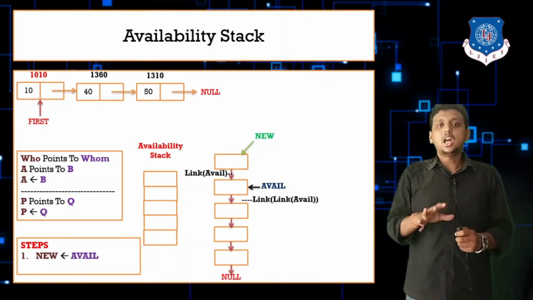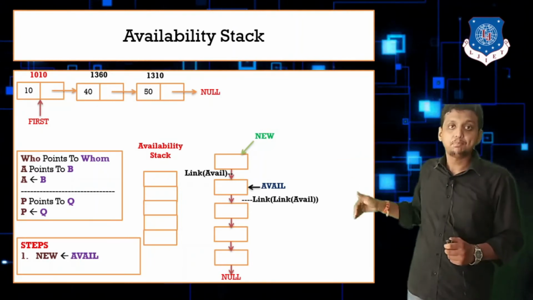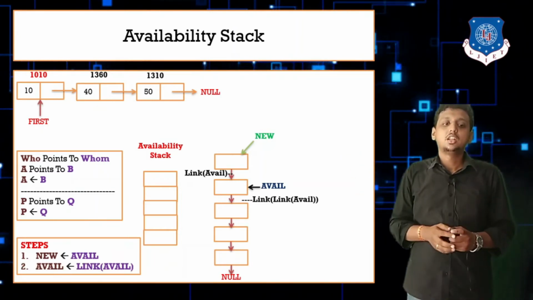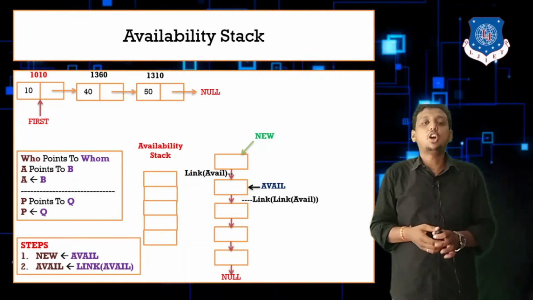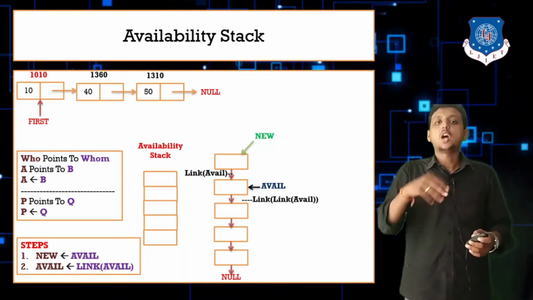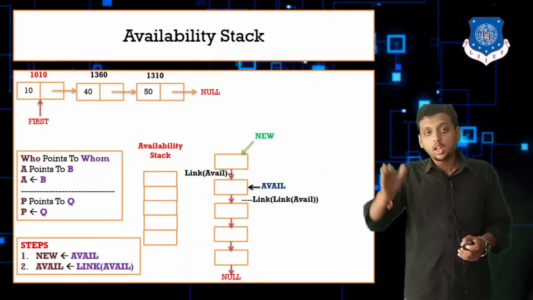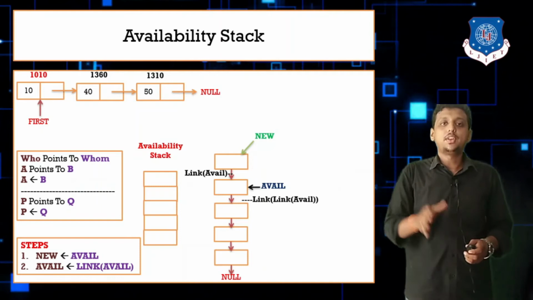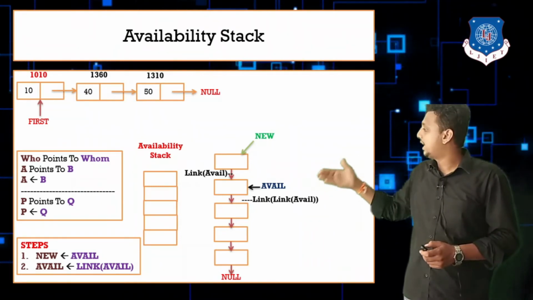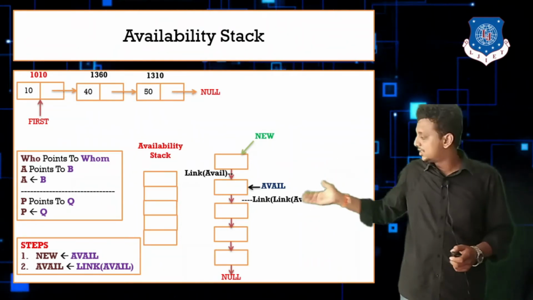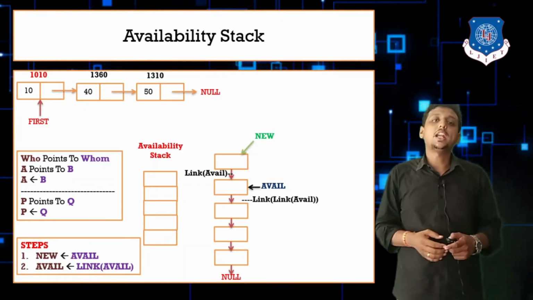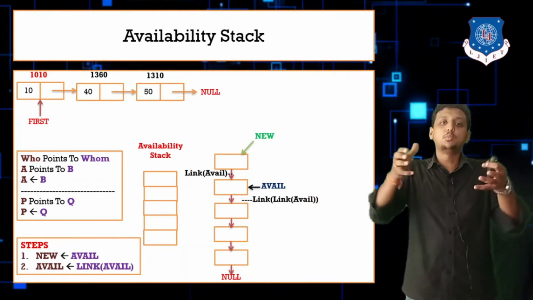Fine. Now, if avail changes position, then the notation of the link of avail will also change. But how to write the second step? Who points to whom? Avail points to link of avail. So we can easily say avail arrow link of avail. That is the second step that you should write in your algorithm when you want to remove the top node.